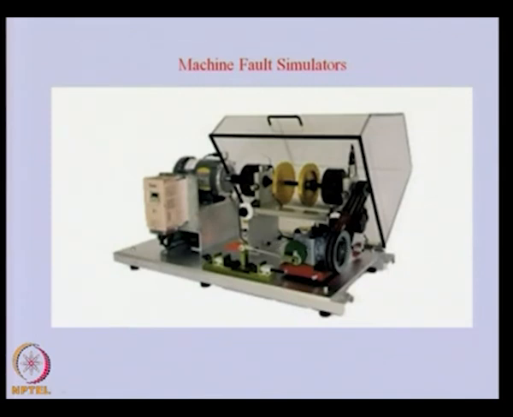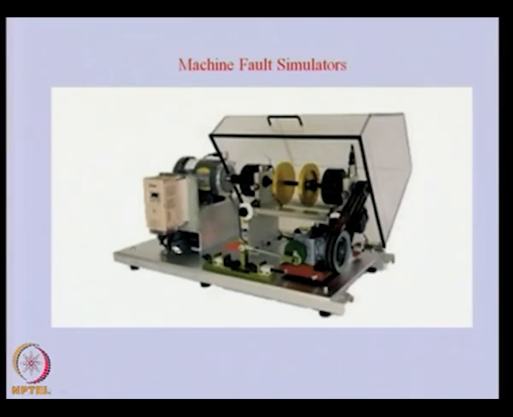So, various kinds of machine components we can design and fabricate, and if you want to see the signature analysis of various kinds of faults, we can introduce them in this, and capture them in isolation from other faults, so that we can study a particular fault more deeply, like even various kinds of faults in the motor, either a mechanical fault of the motor or an electrical fault of the motor, that we can study.